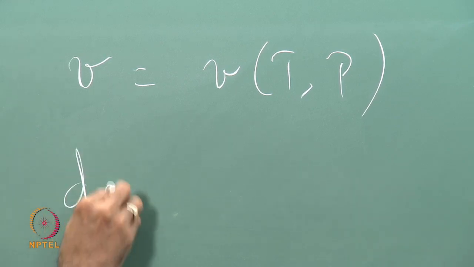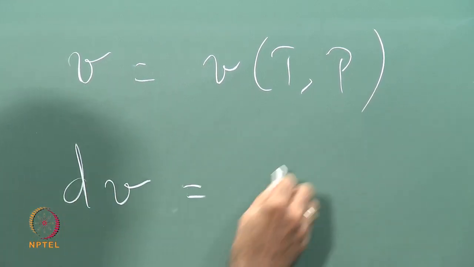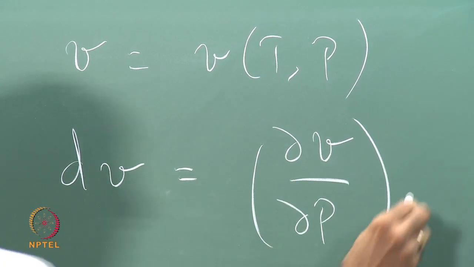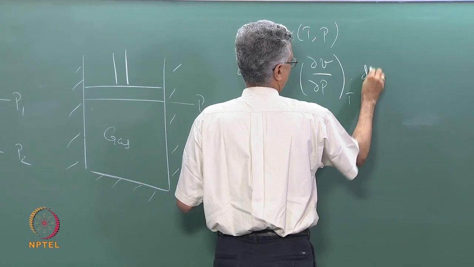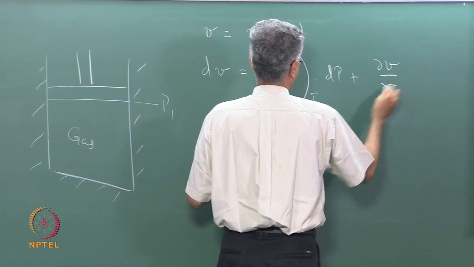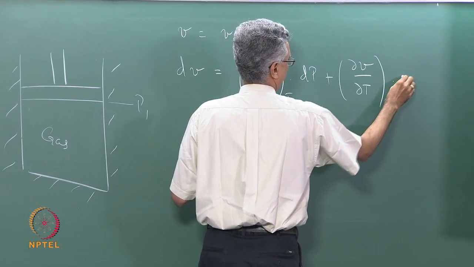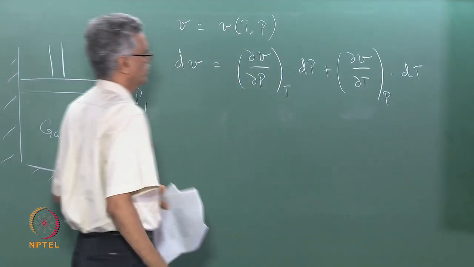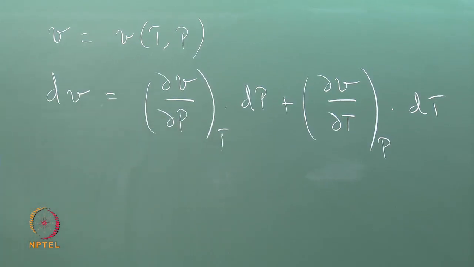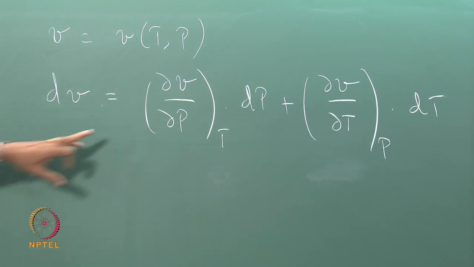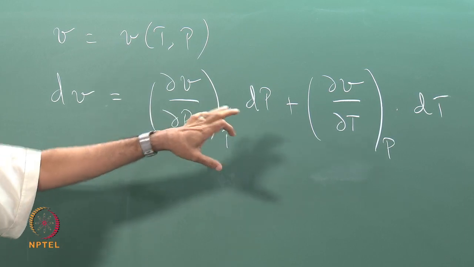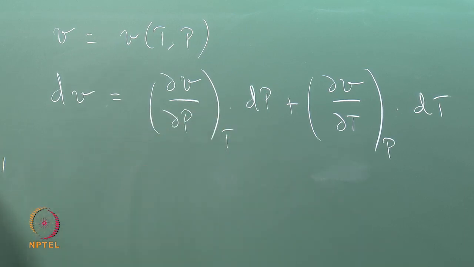So any change in specific volume I can write using chain rule, right. So I have used chain rule of differentiation to write the total derivative. So what this tries to tell me is that a change in specific volume can be due to two things. Number one, due to a change in pressure or due to change in temperature.